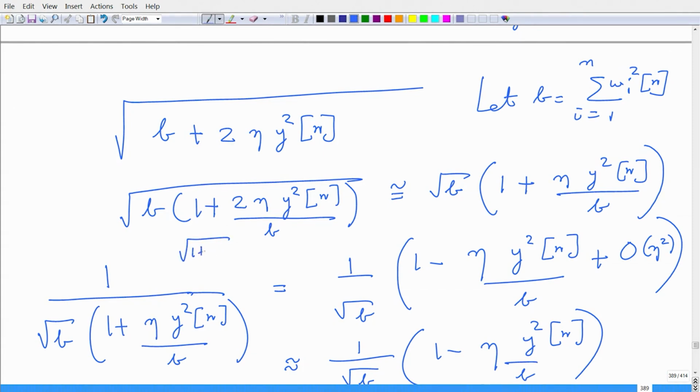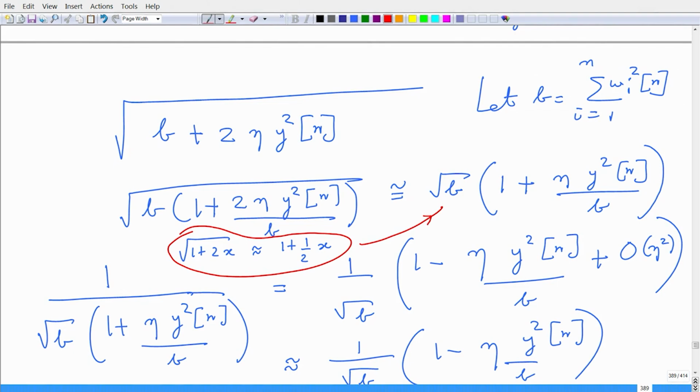Root of 1 plus 2x is approximately 1 plus half x, right, and this is what I am using here.